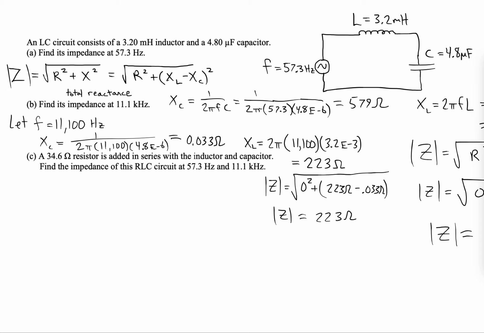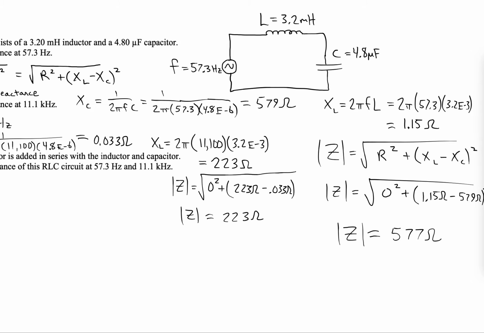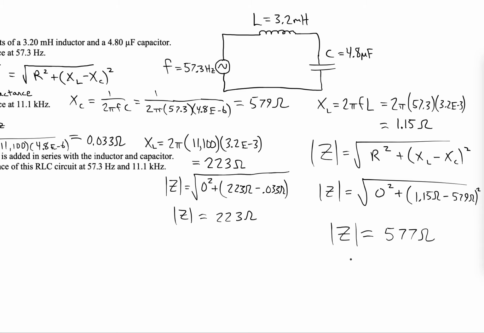So the impedance in the one case is mainly due to the capacitor, whereas in the other case, it's mainly due to the inductor. So what's the difference?